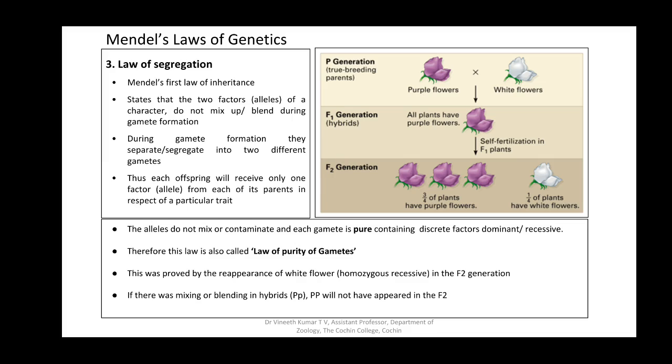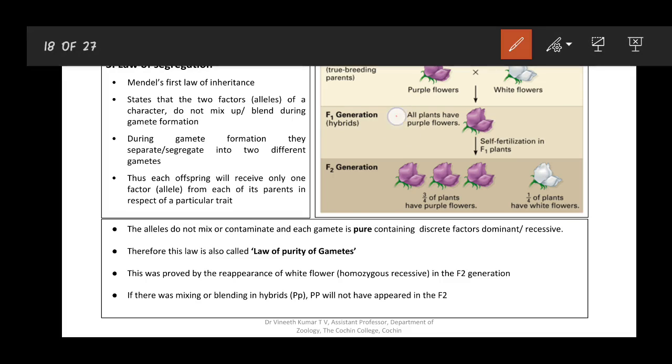They do not blend. And as we saw, what happens here is during gamete formation, you have capital R and small r. During gamete formation, this capital R and the small r segregate into different gametes. And thus, each offspring will receive only one factor from its parent.